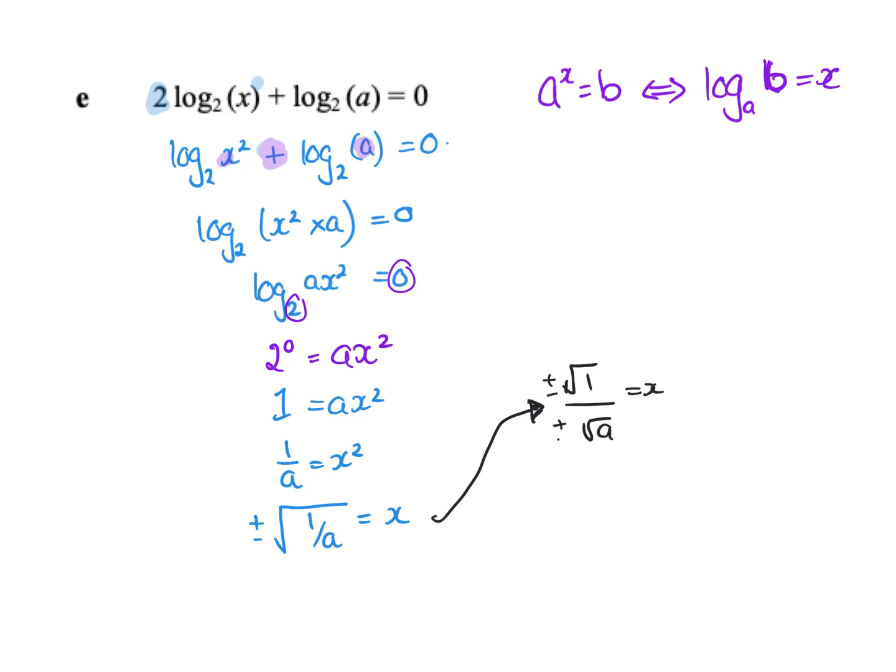Because the square root of 1 is 1, my answer could end up being 1 over the square root of a, plus or minus, either option. Or they might put a to the power of negative a half, because that's the same, so it could be plus or minus.